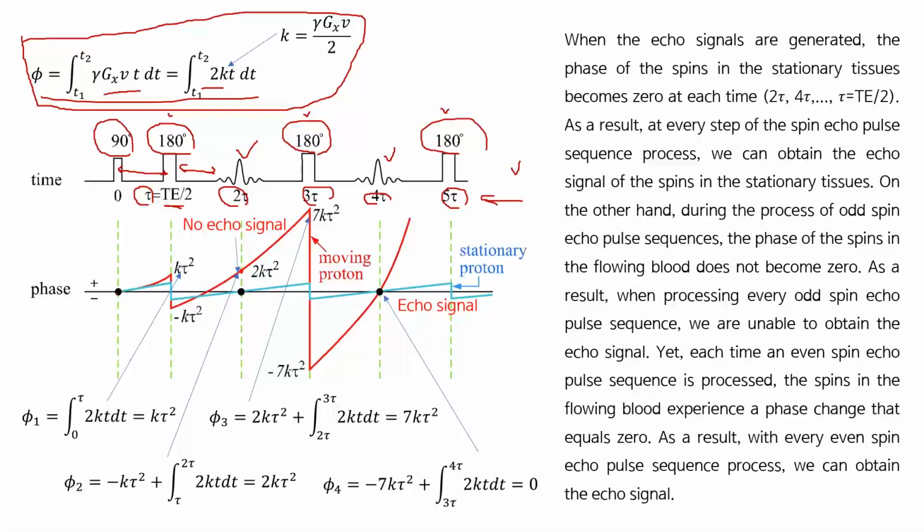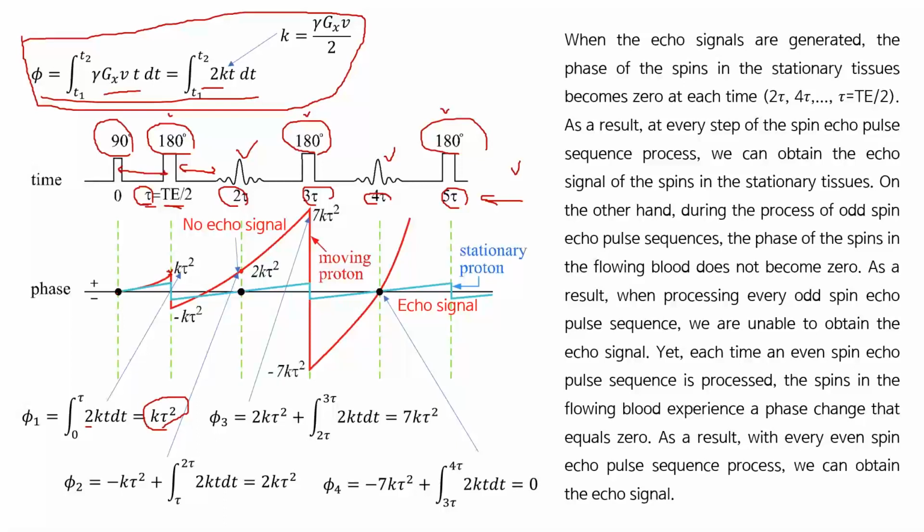And from here to here, the time interval is tau, and the phase change of the spins in the flowing blood is given by this form. So 2kt dt from 0 to tau. So we can have phase change k tau square.